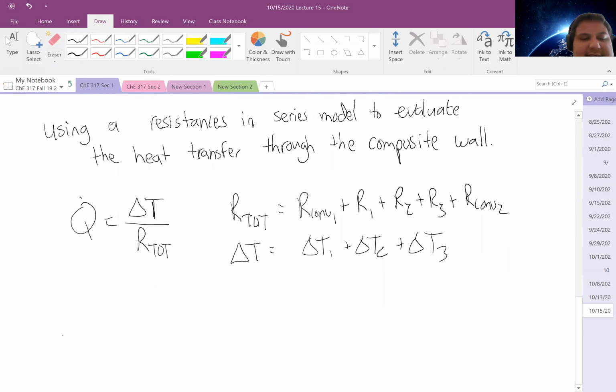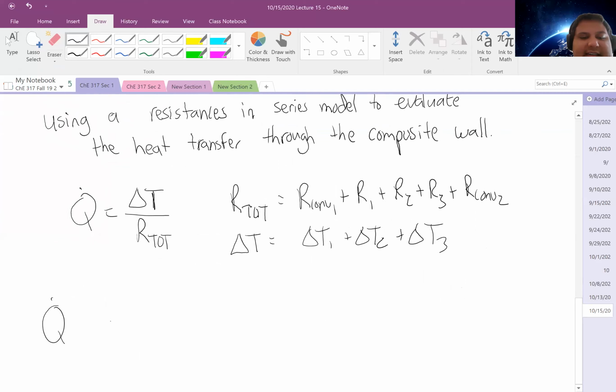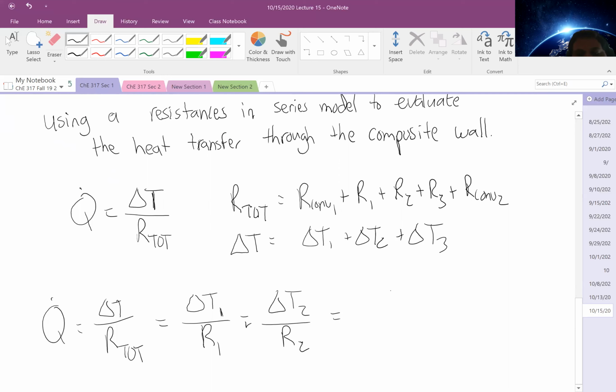What I could find is that in addition to the heat transfer rate being calculated as the temperature gradient over the total resistance, it's also equal to the gradients over the resistance in each layer.